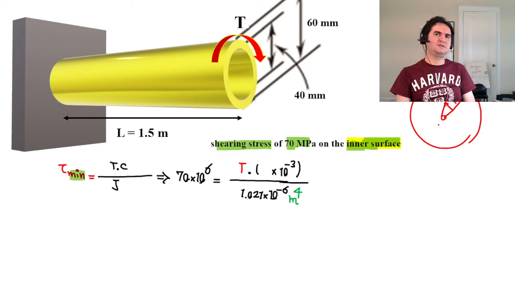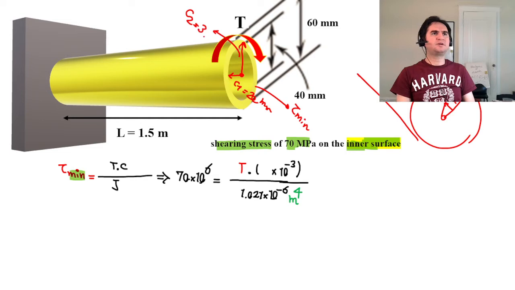The farther distances from the center of the shaft experience more stress, as if you're diving in deeper water. So in that sense, C1, which is the 20 millimeters inner surface, goes by tau minimum, and likewise C2, the outer radius of 30 millimeters, goes by tau maximum.